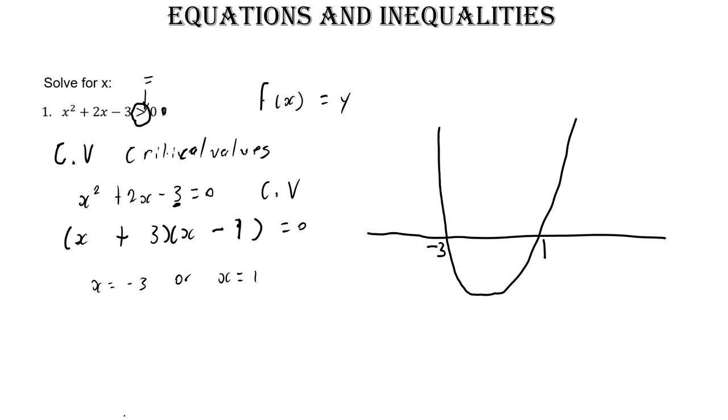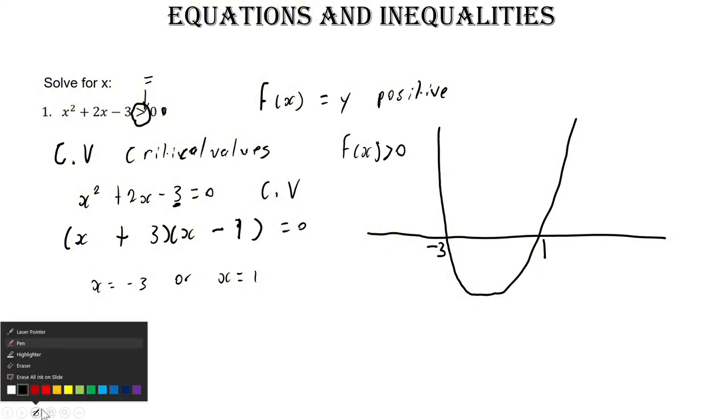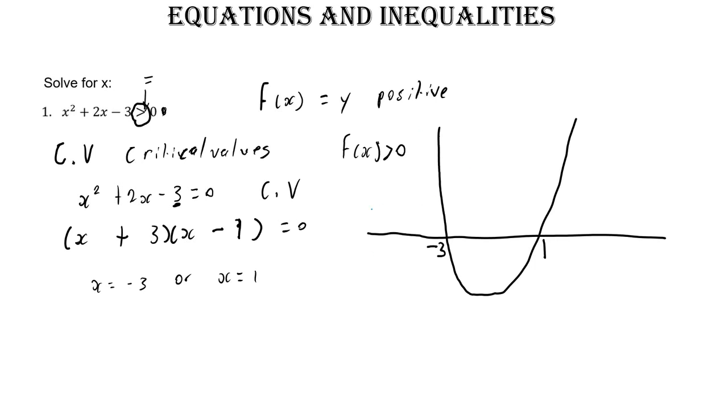So basically, this question is asking us, where are the y values greater than 0? Meaning, where are the y values positive? Where is f of x greater than 0, basically? So what we're going to do is we're going to look in this region over here and this region over here.